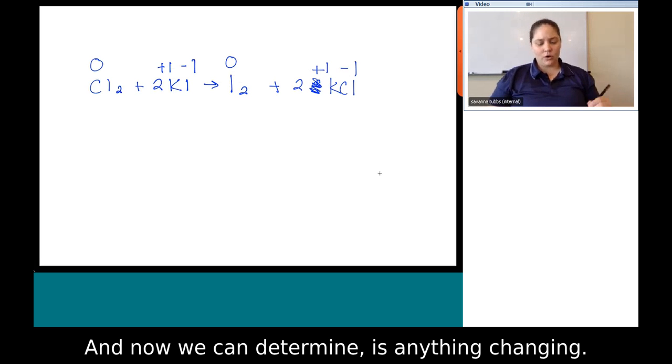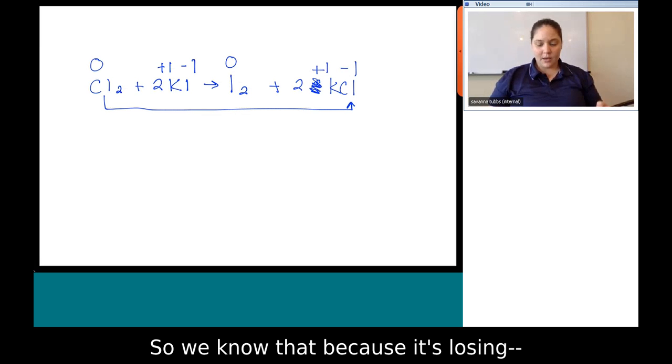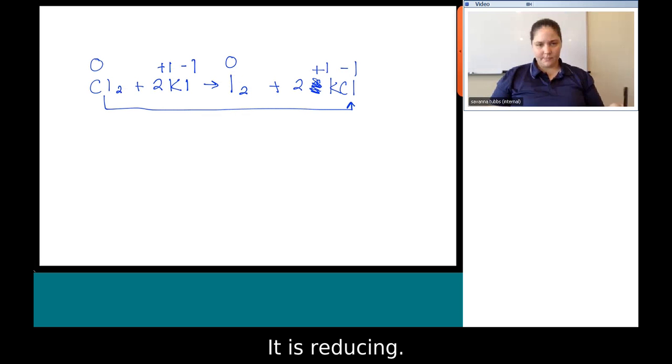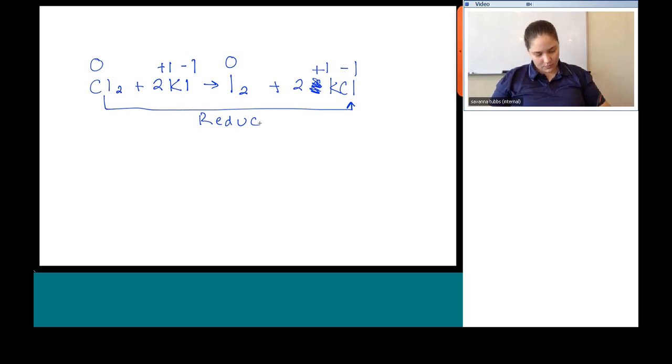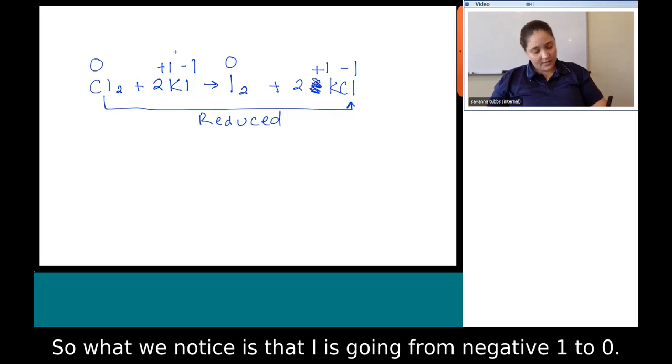And now we can determine, is anything changing? So Cl2 is going to -1. So we know that because it is gaining electrons, it's becoming more negative, it is reducing. Now we need to see if we have anything that is oxidizing. So what we notice is that I is going from -1 to 0.